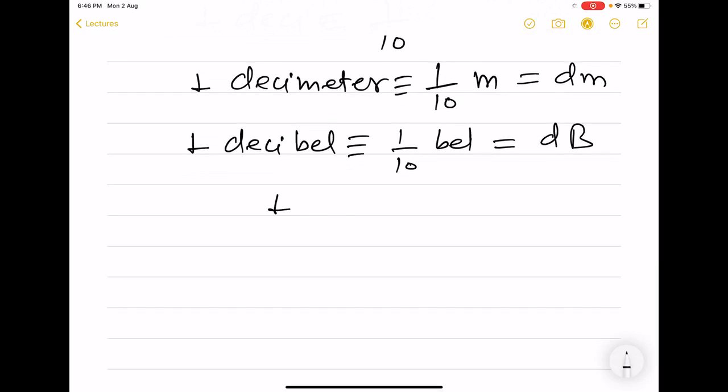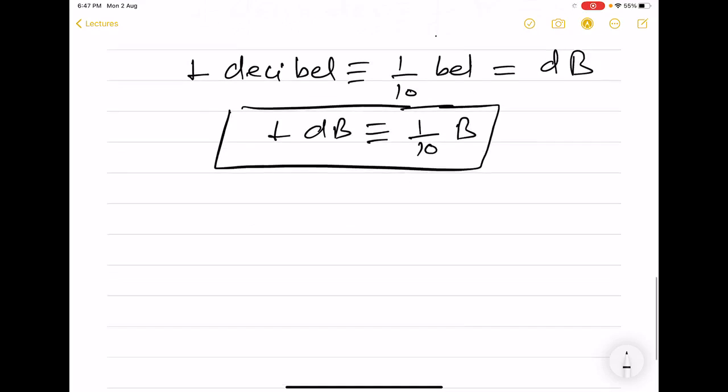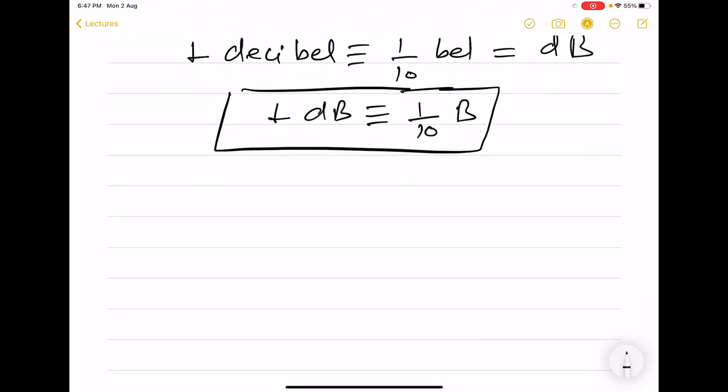So we say that 1 dB is equivalent to 1/10 of bell. Recall that this is the unit that we always encounter in electrical engineering. Now if we have something represented in bell, then how do we convert it into decibel?